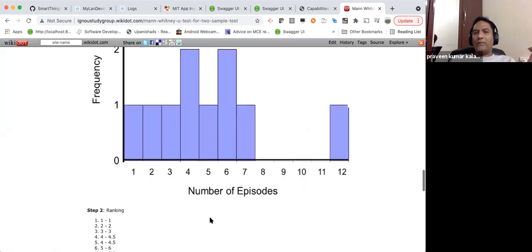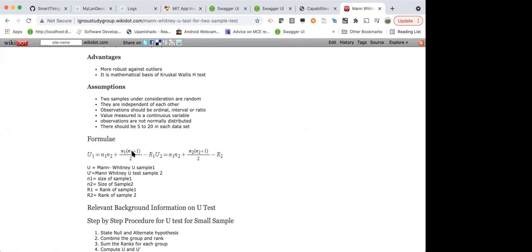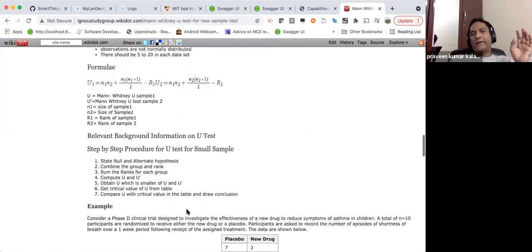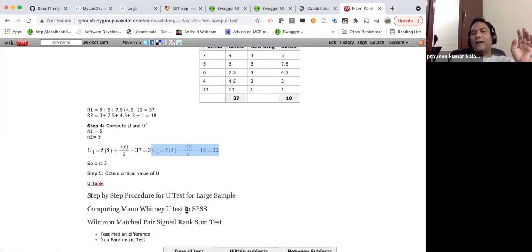Any doubts in the formula that we are talking about here? Did everybody understand this formula? Yes. It is a pretty easy formula to remember and a very straightforward calculation. So you calculate U1 and U2.